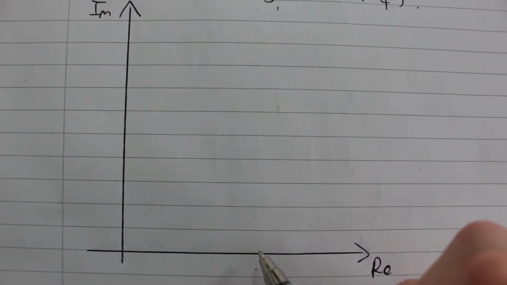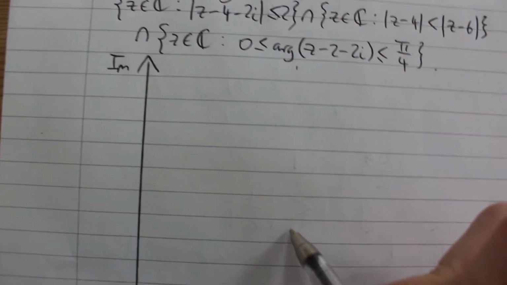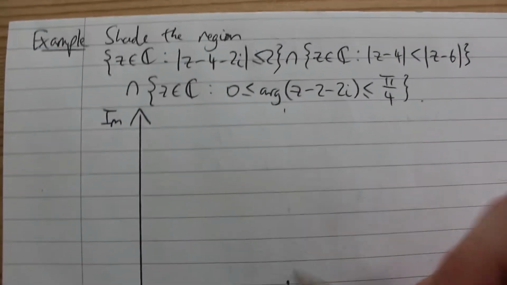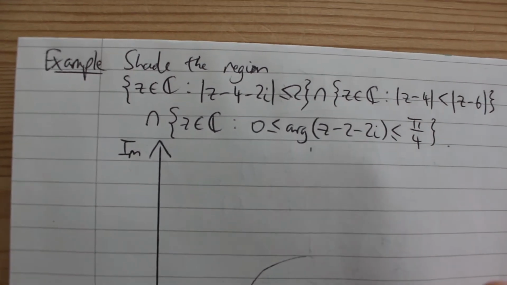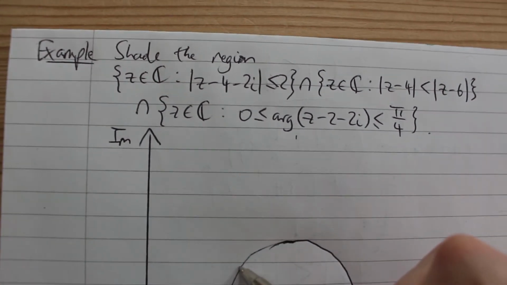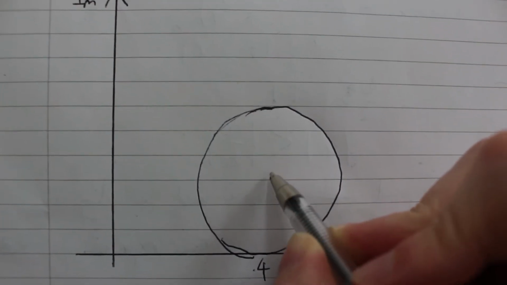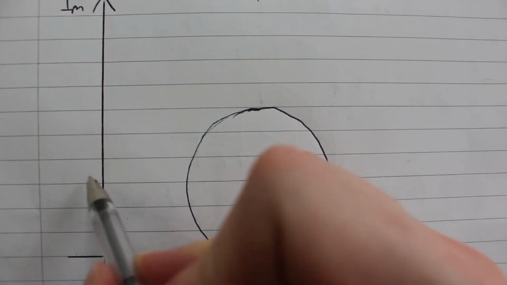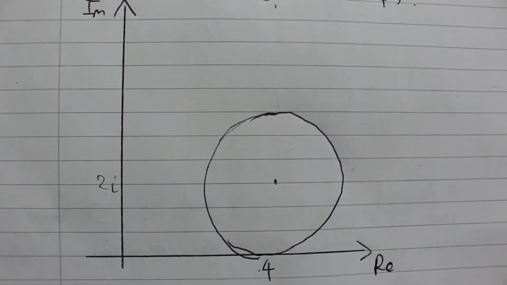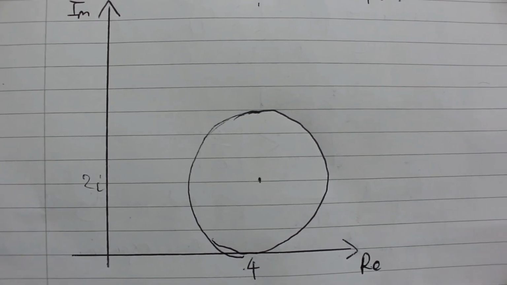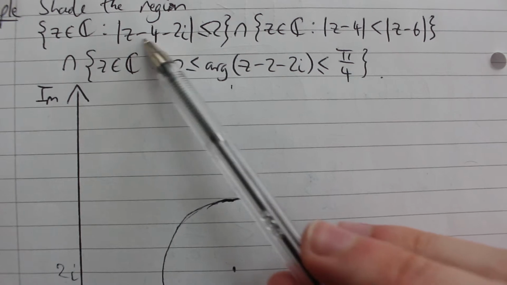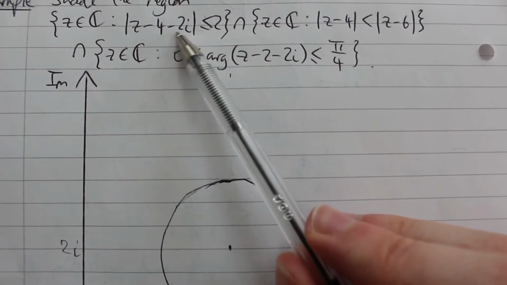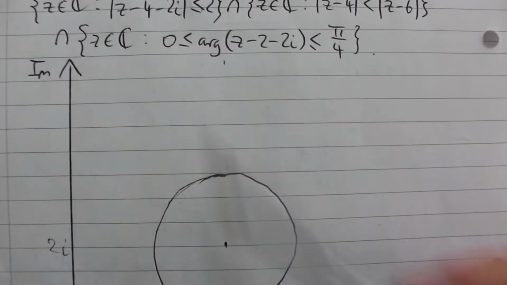So if we go along to 4 plus 2i, which is here somewhere, we want a circle centered at this point of radius 2, so it just touches the x-axis at this point here, 4, and this is 4 plus 2i. Then we want the points where the modulus of z minus 4 minus 2i is less or equal than 2.